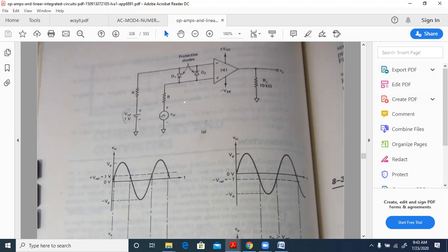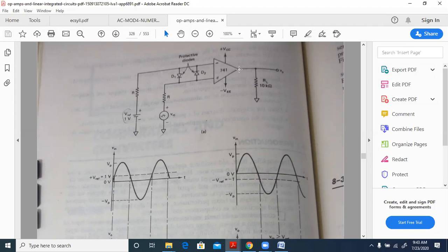So when the input is high, the output also will be high. Rather, if the input is higher than the V reference value, then the output will be high. When the input is lower than the V reference value, the output will be low. That is the idea behind that.